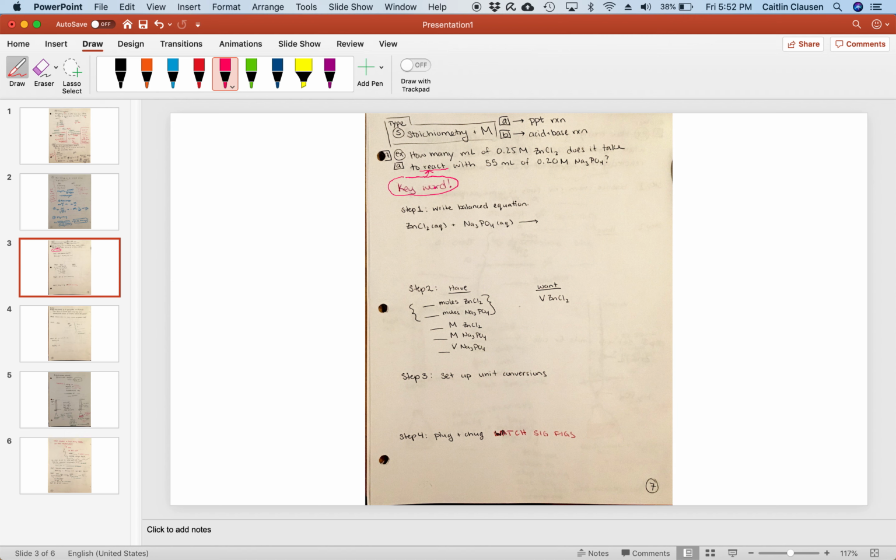So step 1 of any stoichiometry problem, write out your balanced chemical equation. So zinc chloride, aqueous, reacting with sodium phosphate, aqueous. I know it's aqueous because I have a molarity. I'm going to swap the partners, so I'm going to do zinc phosphate, zinc 3, phosphate 2.